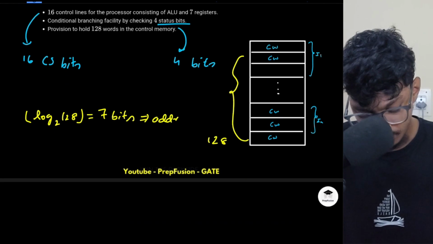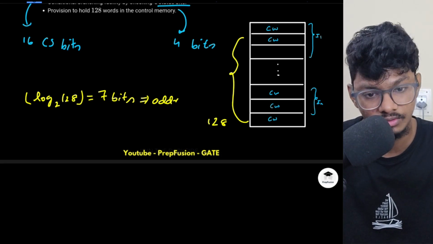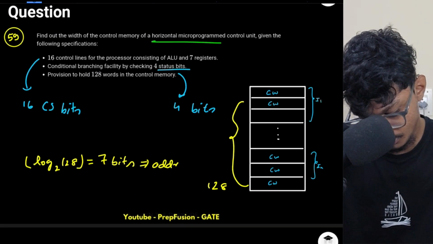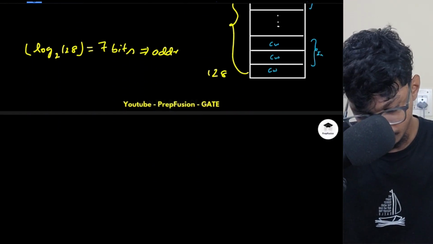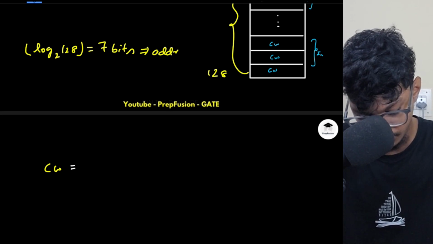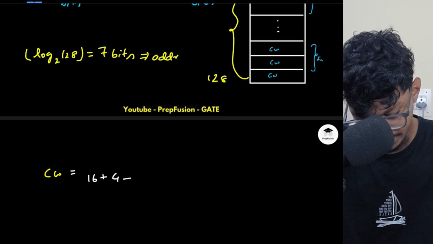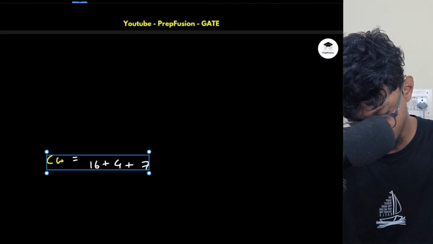Okay, so for the horizontal microprogram control unit, how many total bits will I require? They are asking what is the width of the control memory. Width of the control memory, or each control word, what is the width of the control word? Each control word, that is 16 plus 4 status bits plus 7 address. So your control memory will consist of this, right?